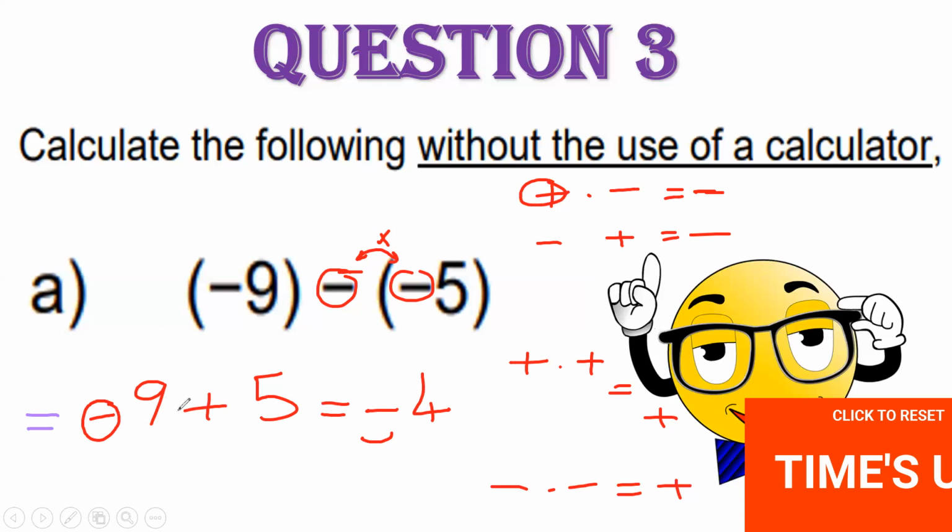Please don't add by mistake. So the difference, 9 minus 5, you are getting. If you have, for example, +9 minus 5, you are going to get, of course, +4. Just use the bigger number's sign and you get the difference. All right, so our answer is -4.